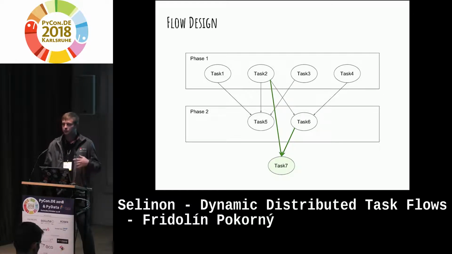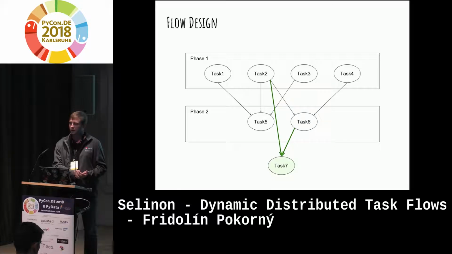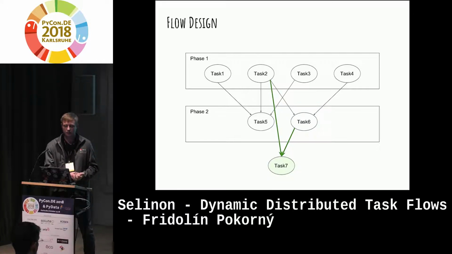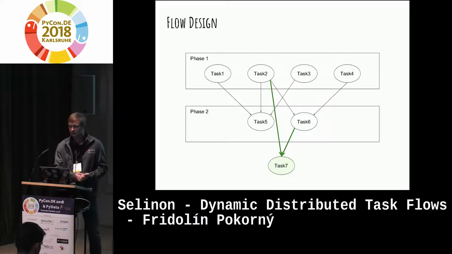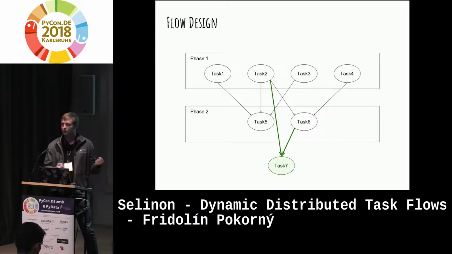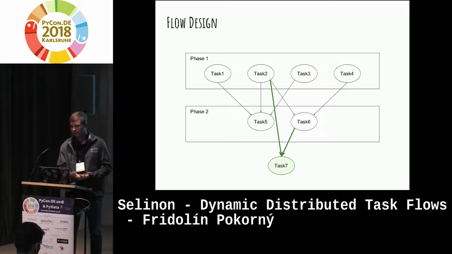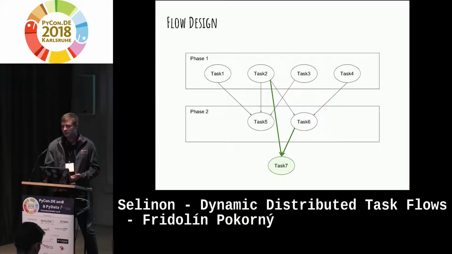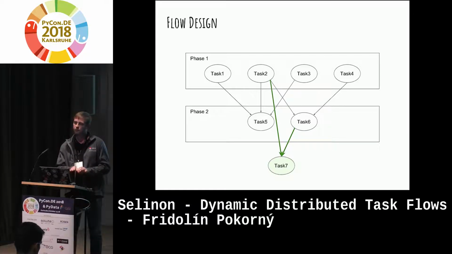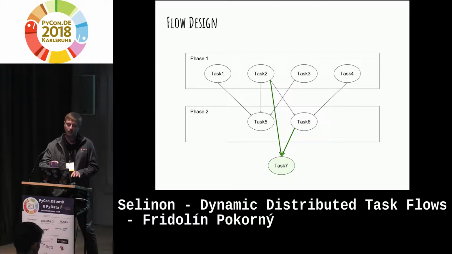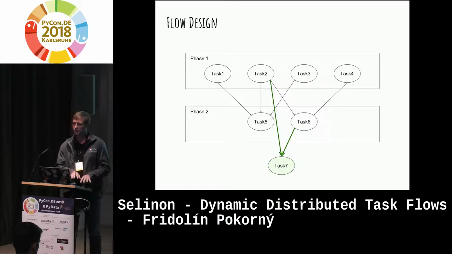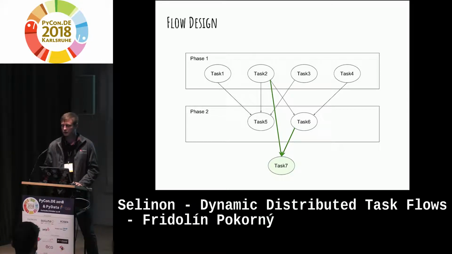If you would like to introduce a new task that has new dependencies, so imagine we would like to introduce task 7 that has dependencies on task 2 and task 6, then you'll need to somehow restructure your flow. It's important to state that Celery has everything written down in code. So basically, these phases are directly Python code that is written.